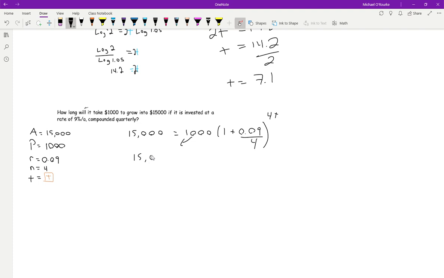It becomes a divide, which then equals... Okay.